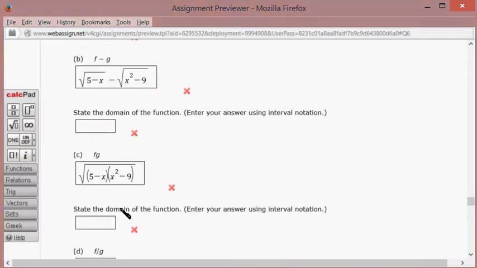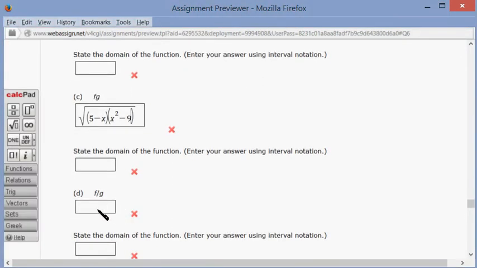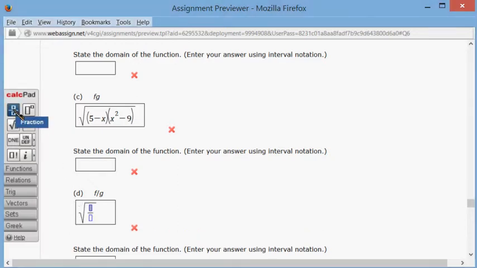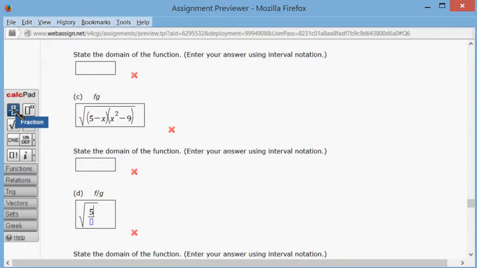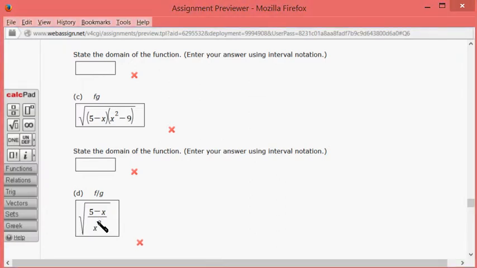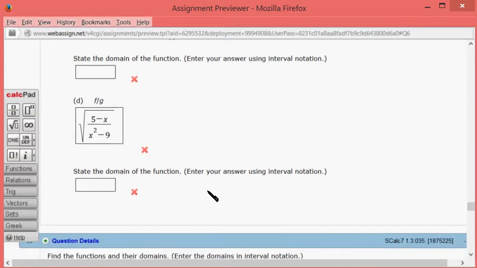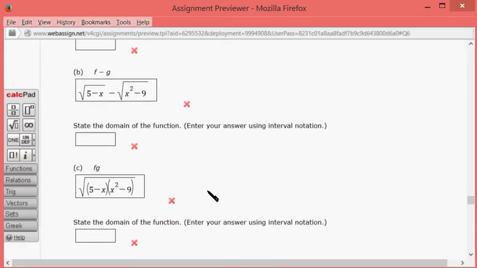And then f over g, we can just do square root, so you have a quantity, so maybe I'll do this fraction. On top you have 5 minus x, and on the bottom you would have x squared minus 9.